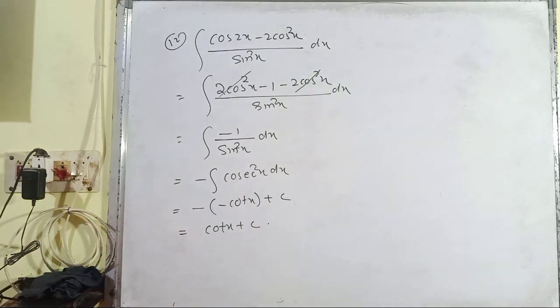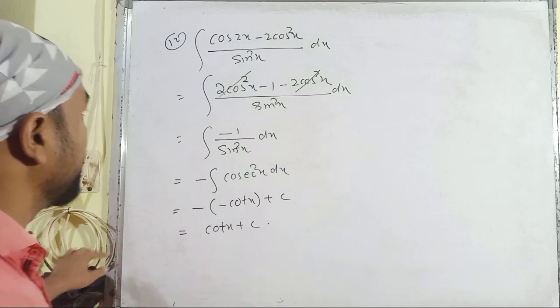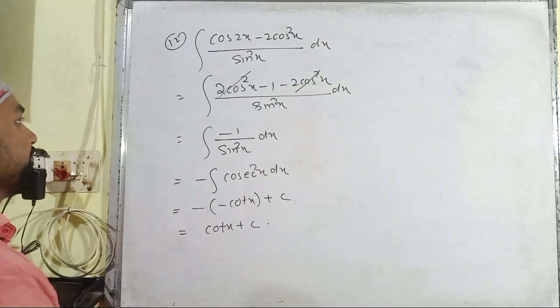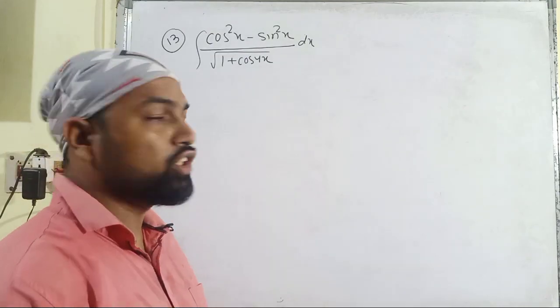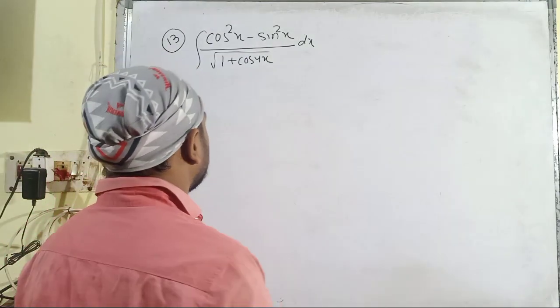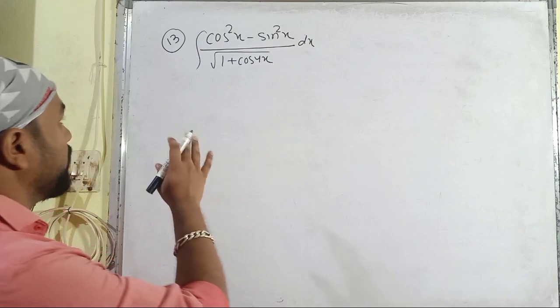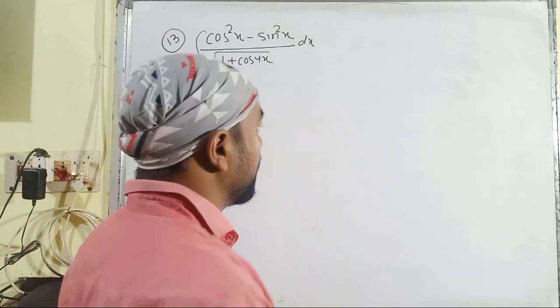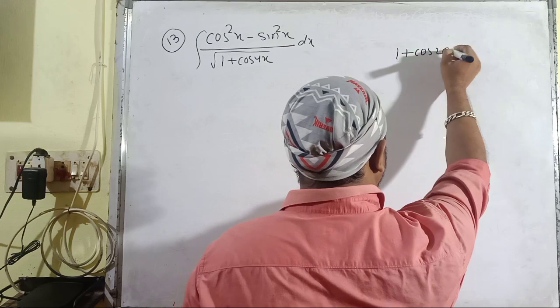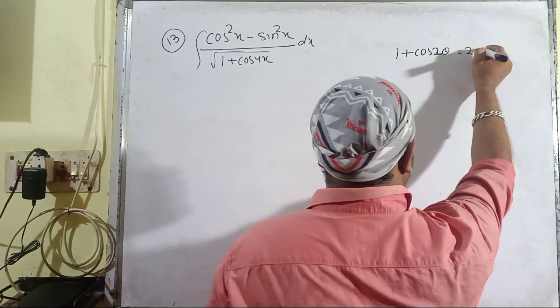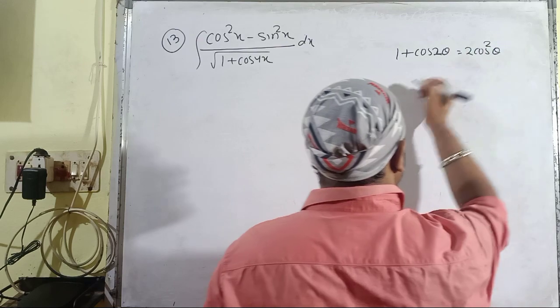So it is up to problem number 12. Then moving to problem number 13. So before going to solve this problem, first of all we have to go through some of the trigonometric formulas. We know that 1 plus cos 2 theta is equal to 2 cos square theta.